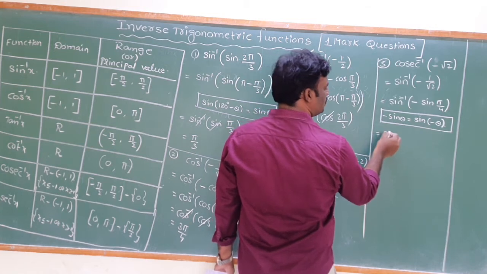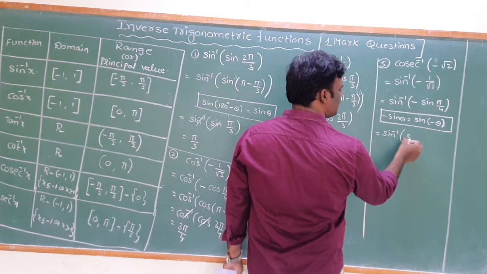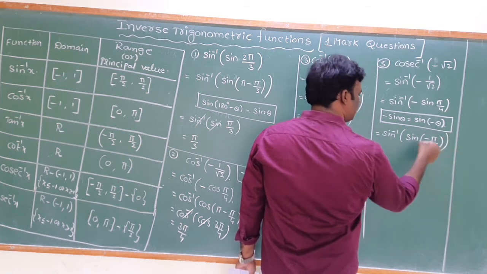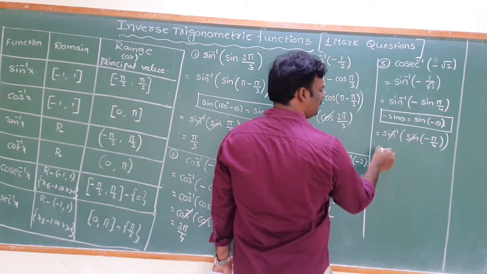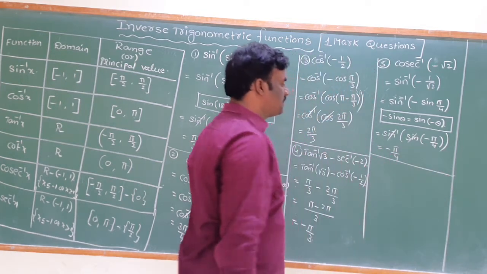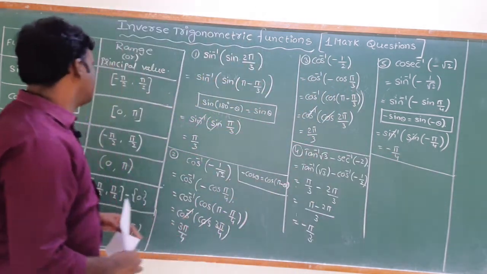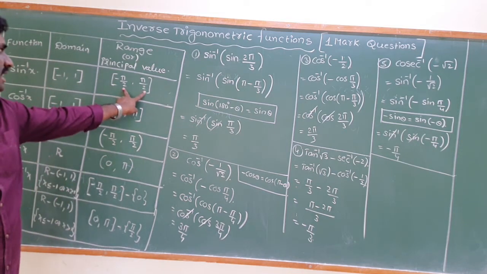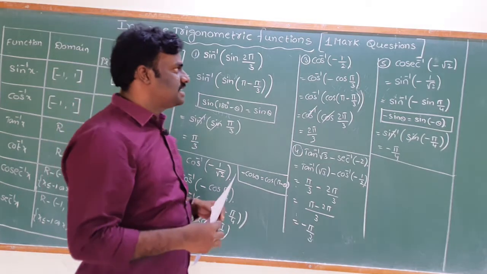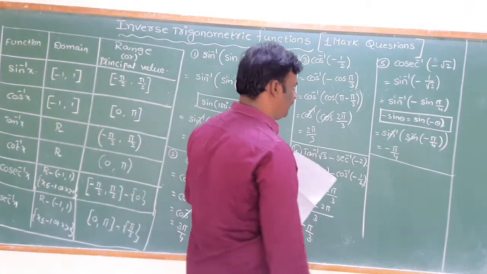That equals sine inverse of sine of minus pi by 4. Then sine and sine inverse cancel, and the answer will be minus pi by 4. We need to verify whether this is right, because minus pi by 4 lies between minus pi by 2 and plus pi by 2. Therefore, the answer is correct for question number 5.